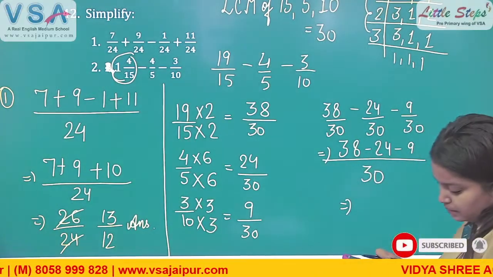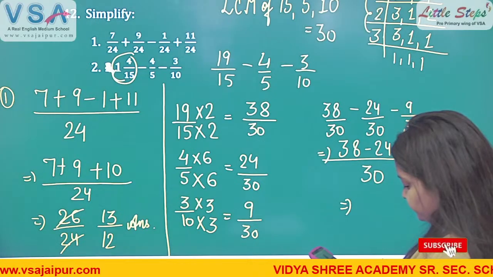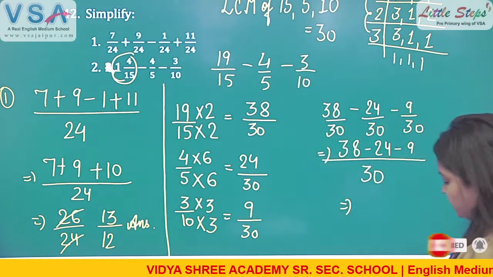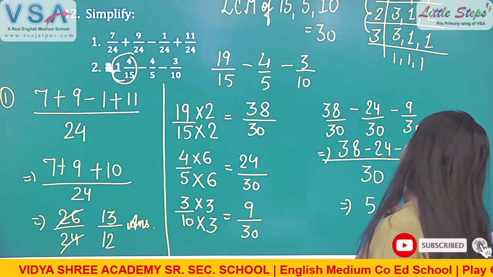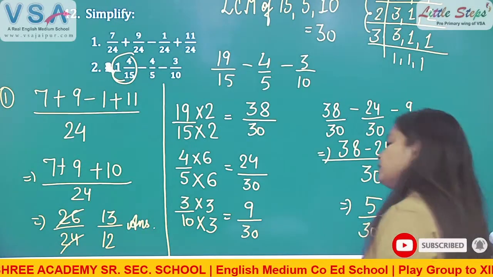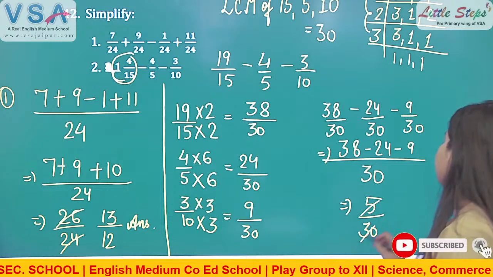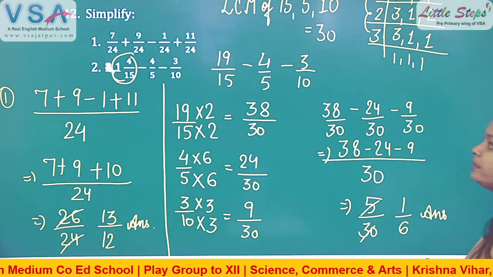Yes, Ishika. Okay, Ishika. So we need to subtract all the numbers 38, 24, and 9. What we have? 5 by 30. Okay. Now we need to divide both the numerator and denominator by the table of 5. 1 by 6 is the answer of the question.